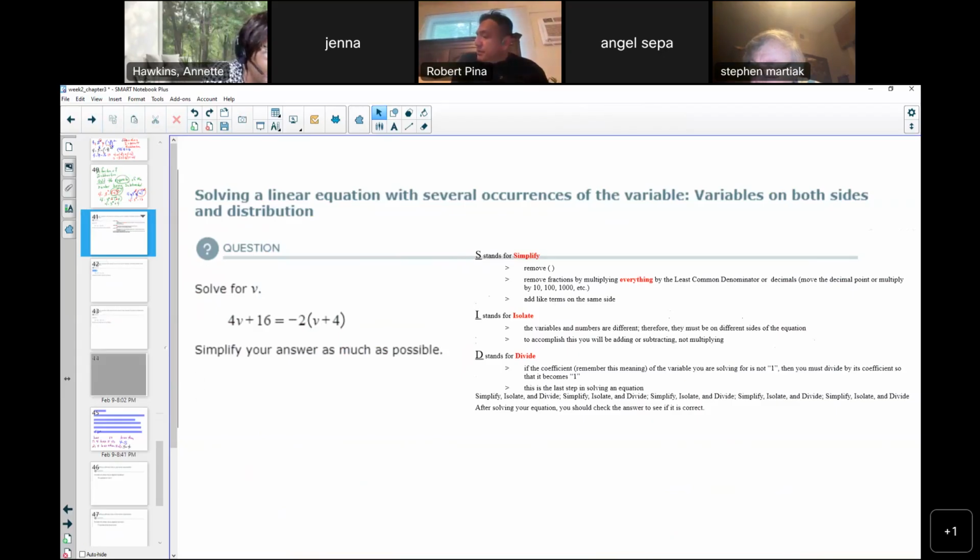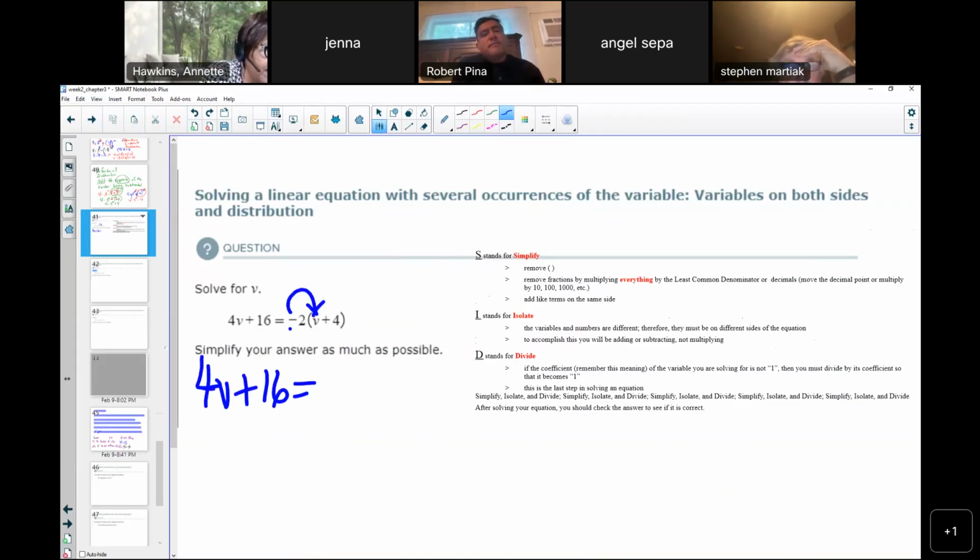So I rewrite the left. And I use my distributive property, -2 times v, and then -2 times 4, that's going to be a -8. So I have removed the parentheses.